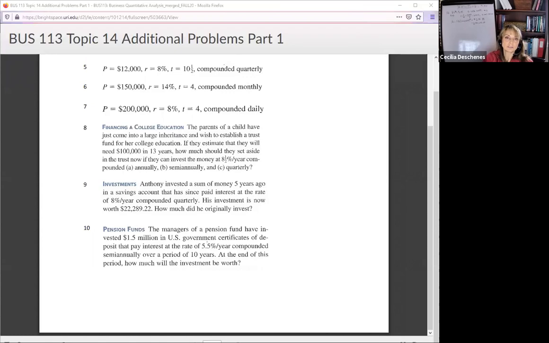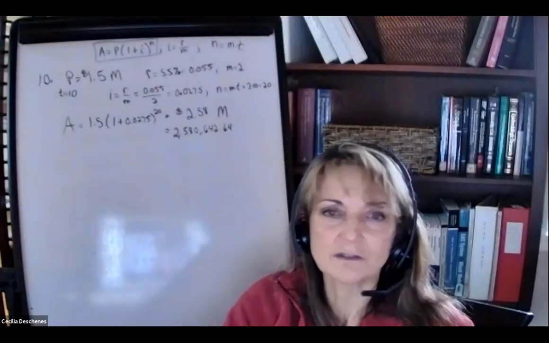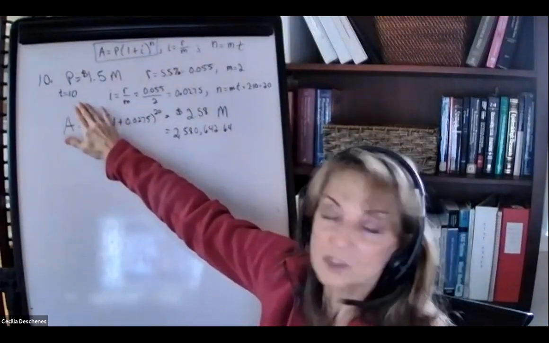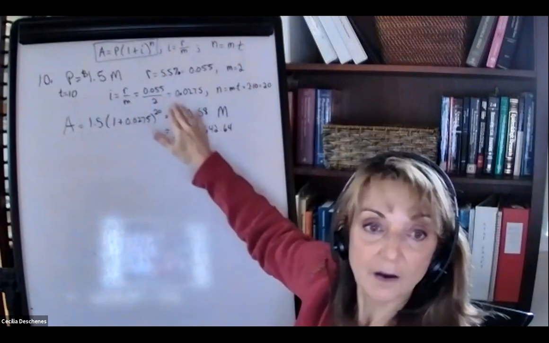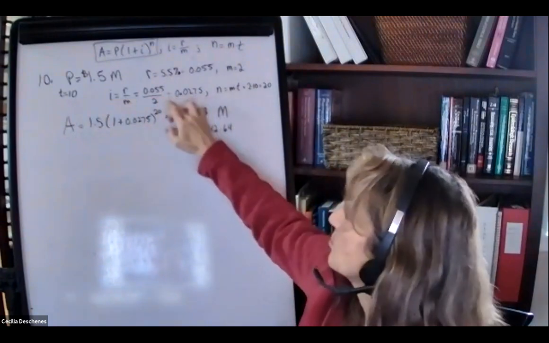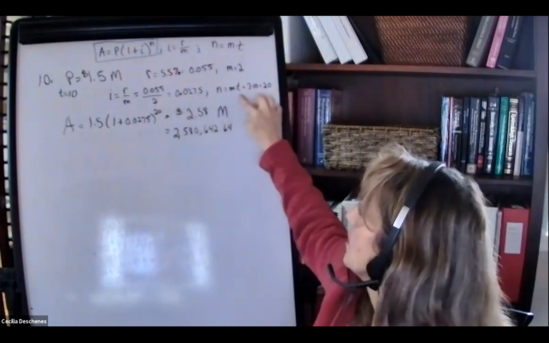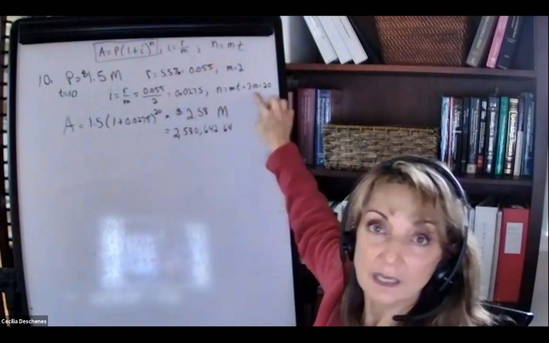Oh, juice. I apologize. I just realized I had that on the little tiny screen. So let me go over that real quick. So all I did was take the information they gave us. I calculated the I, R divided by M, so 0.055 divided by 2. Then I got the number N, which is the M times T, and I got the 20.